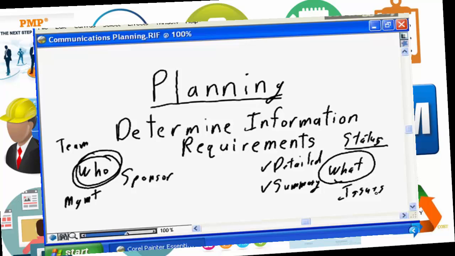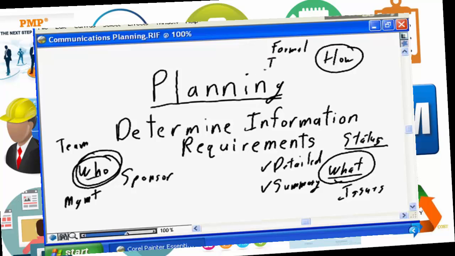Once you've identified the who and the what, the next step is to understand how. How are you going to distribute the information? Is it going to be a formal distribution? Formal as in a written documentation?